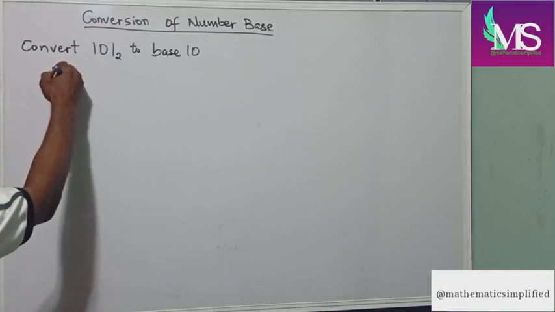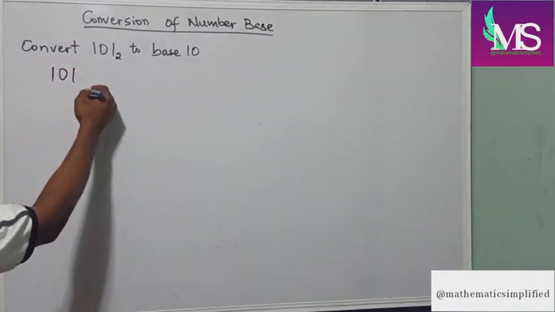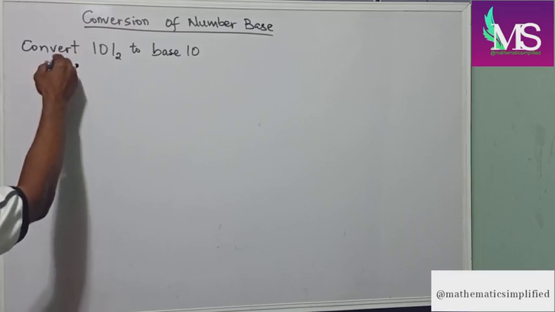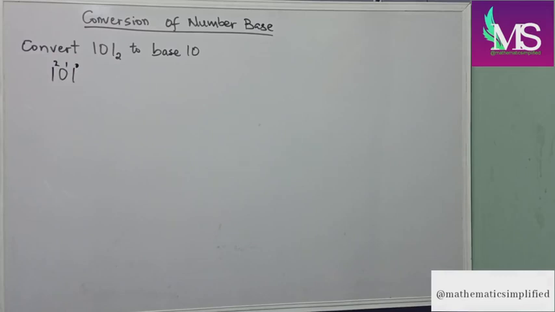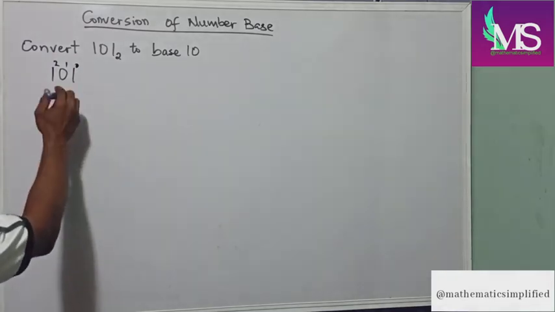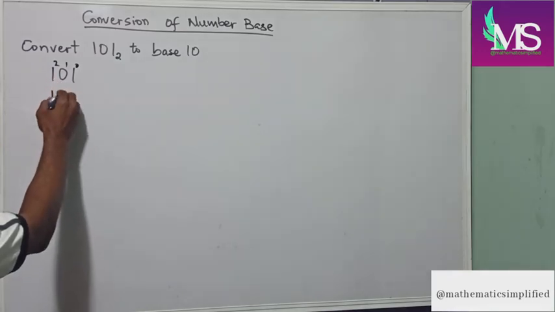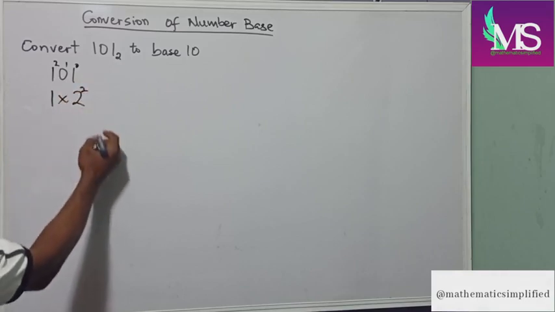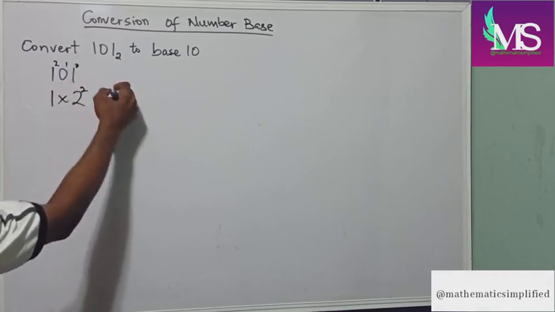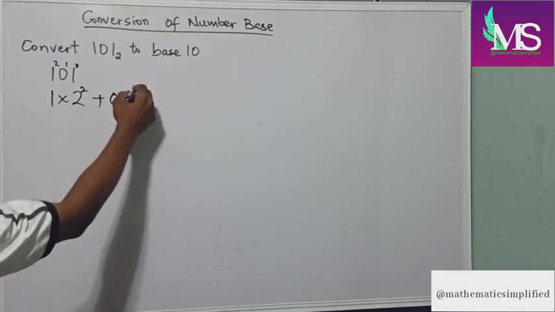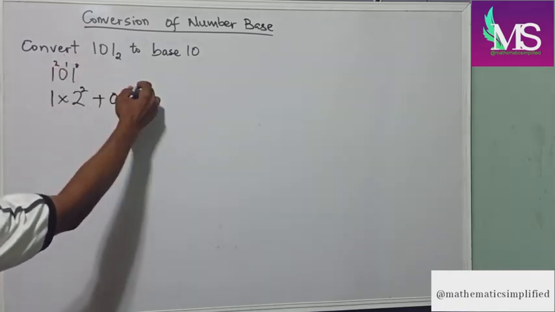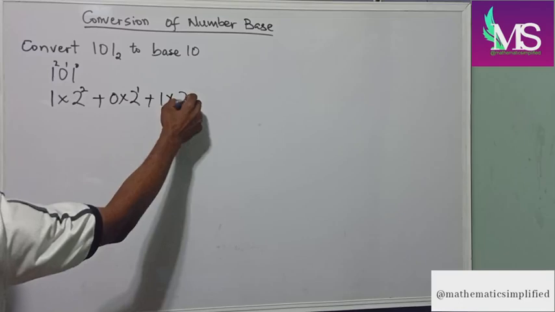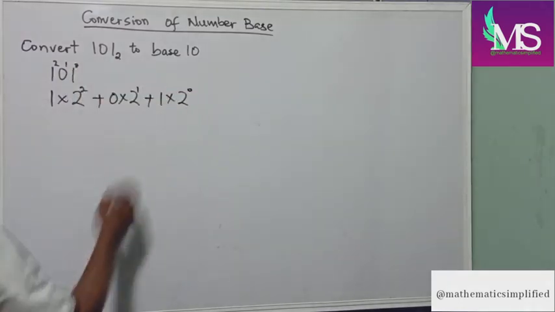Since we have 101, this is our units, tens and hundreds. Expanding, this becomes 1 times the base 2 raised to power 2, plus 0 times the base 2 raised to power 1, plus 1 times the base 2 raised to power 0.